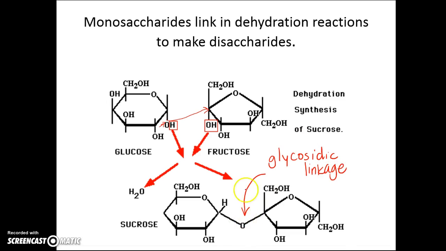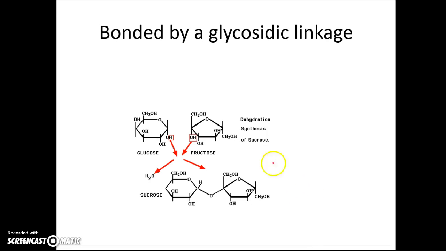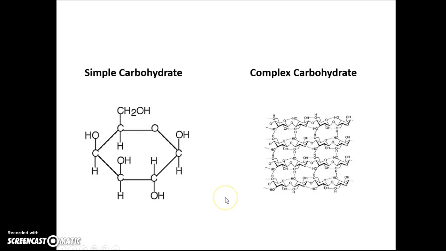That's just the name of a bond between two sugars. Once two sugars come together, such as glucose and fructose, we make a disaccharide. Sucrose is table sugar. That's just your most common disaccharide. These also taste sweet. There's our glycosidic linkage. Let's keep going.